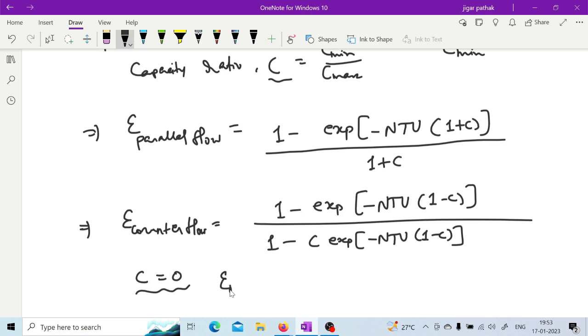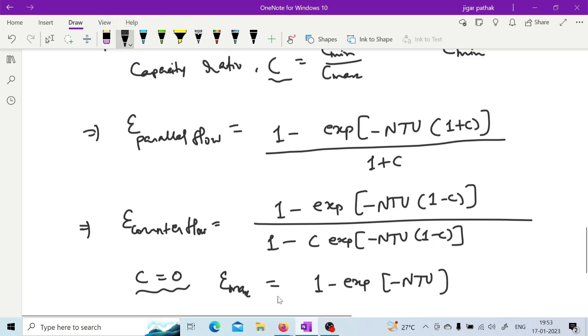Then the maximum effectiveness will be given by 1 minus exponential of minus NTU. And effectiveness will be lowest when C is 1. So this is how you have the effectiveness NTU method.